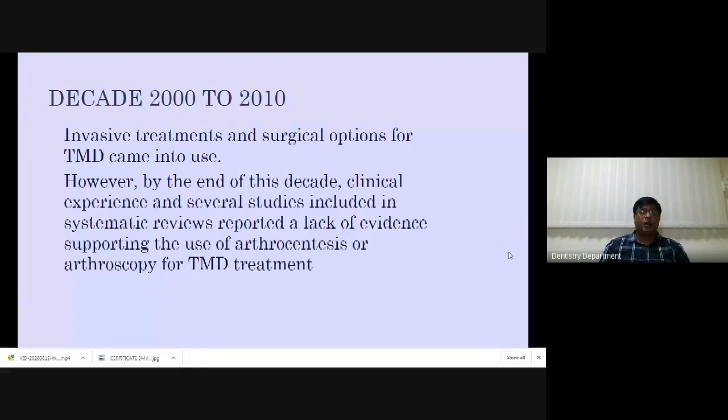These existed before, but because of advancement in surgical aspects, they came into use very frequently in this period. However, by the end of this decade, clinical experience and several studies included in systematic reviews reported a lack of evidence supporting arthrocentesis or arthroscopy for TMD treatment. They have a role, but you should not jump directly into such invasive procedures for temporomandibular disorders.